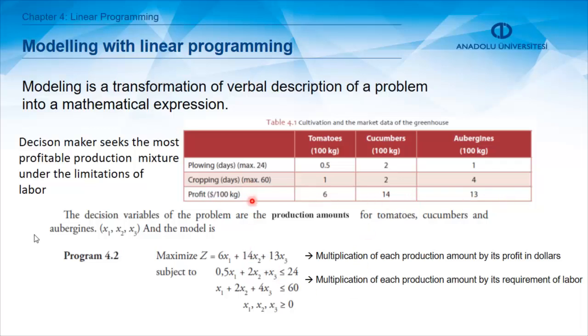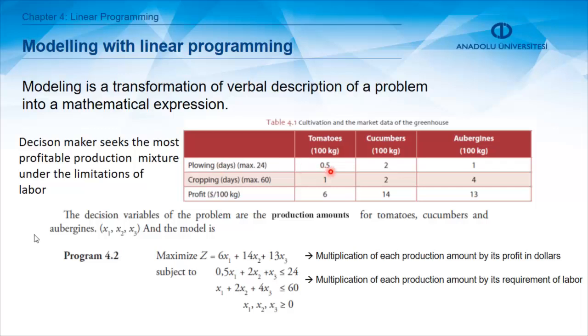And we have some limitations here, which are about laboring capabilities. There are limited days of labor for the processes of plowing and cropping. We can write down two distinct constraints for these two. First is for plowing, and it's the multiplication of each production amount by its requirement of labor given in the table.